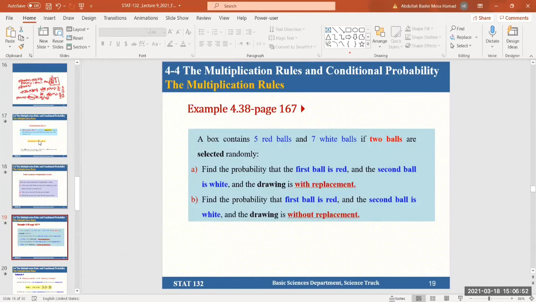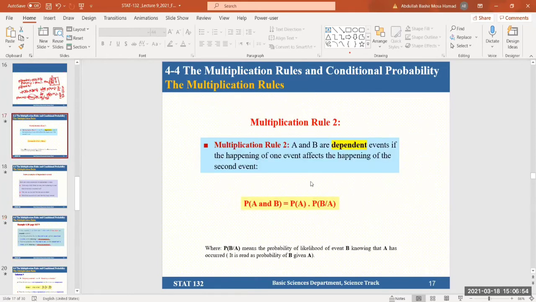So for this case, we use this formula. If two events are dependent, then P of A and B equals P of A multiplied by P of B given A. P of B given A means the probability of B if we already know A has occurred, A is already done. Clear?